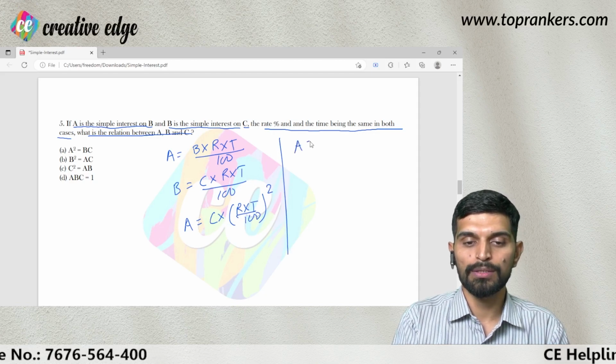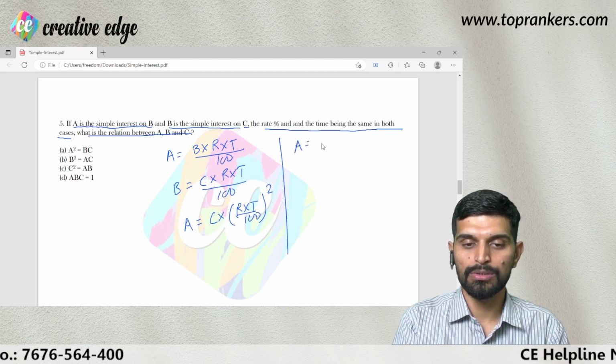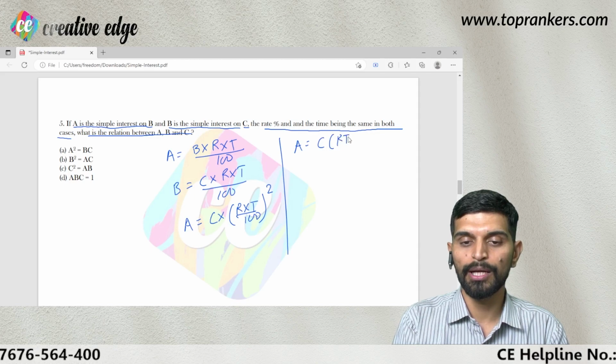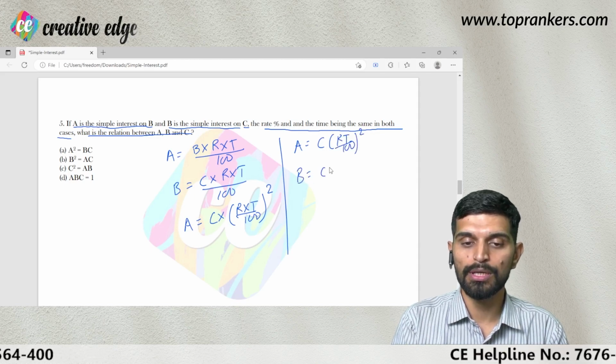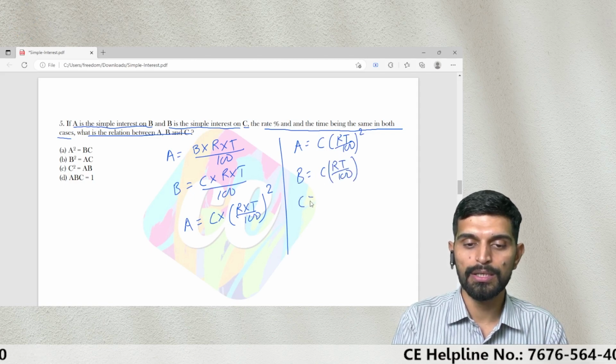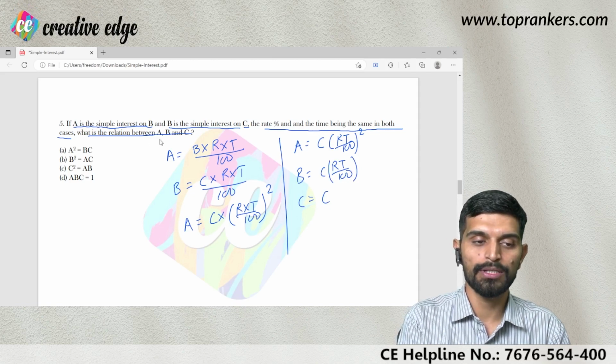So A is equal to C into RT by 100 square, B is equal to C into RT by 100, and C is equal to C. Then what is the relationship?